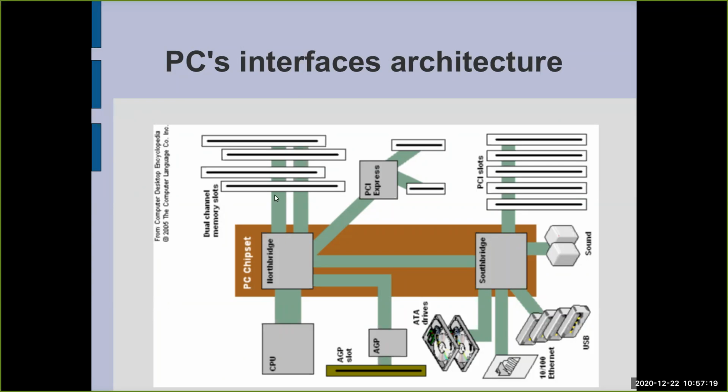Here you can see an architecture which is no longer used in computers, but I think it's a good scheme to understand how interfaces work and how they evolved over the range of, let's say, 10 or 15 years. So I think it's a good entry point.